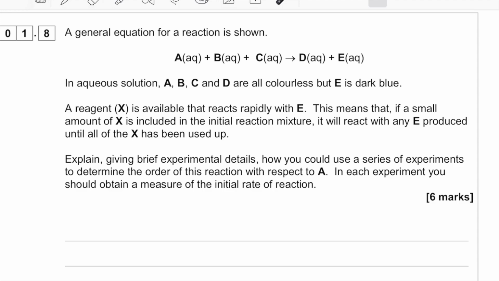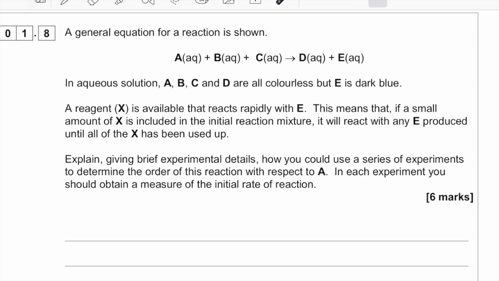So we've got to make sure we put the same amount of X in each time. Our other control variables are going to be B and C. So we need to make sure that those are controlled, and so the only thing that we're changing is A.